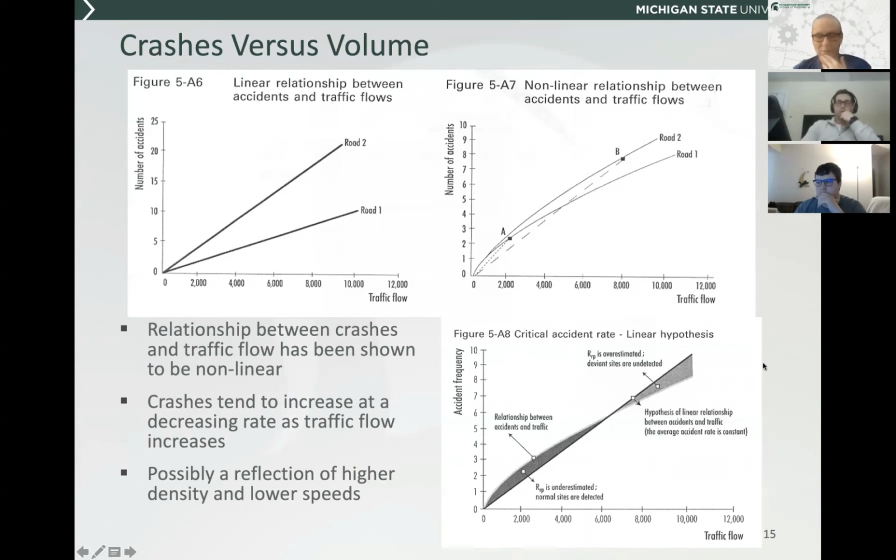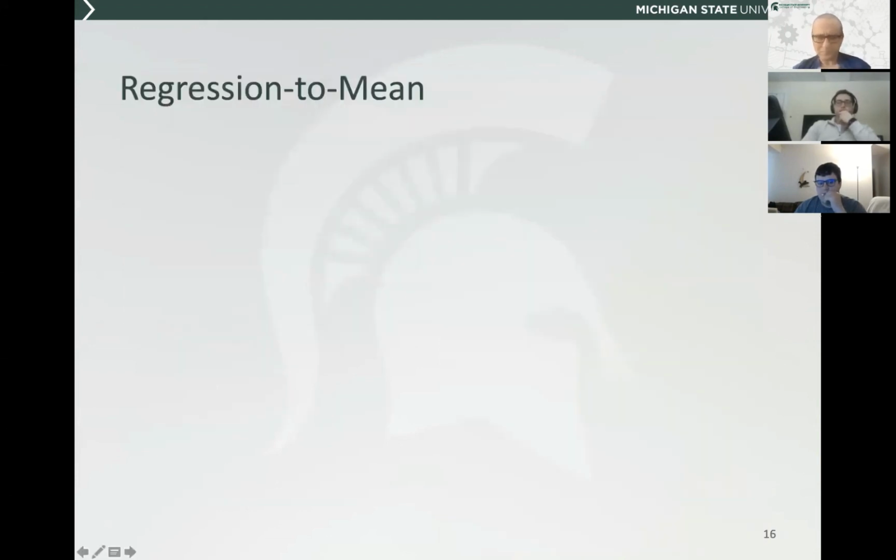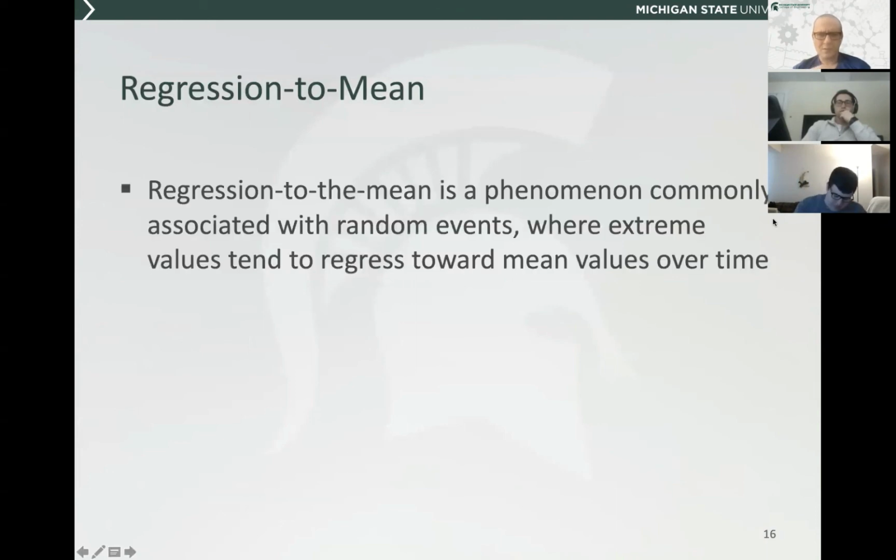Okay, so it's a very complex series of relationships that kind of underlie the crash generation process, basically. And another aspect that I had alluded to there a little bit as well is the general phenomenon that's known as regression to the mean.